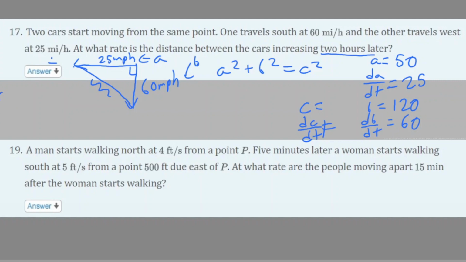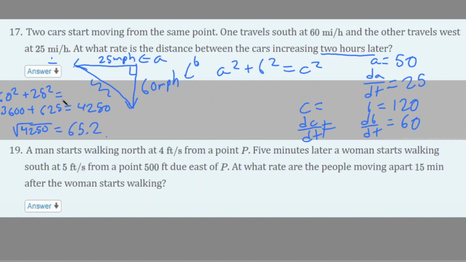We have 60 squared plus 25 squared, which is 3600 plus 625, equal to 4250, and C is the square root of 4250.